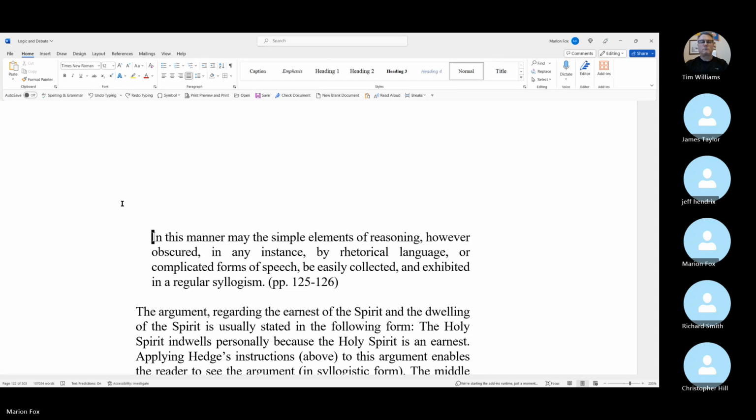So, if you were having a debate, you need to be able to recognize the arguments being made by your opponent. And if he puts up something he calls a syllogism, you need to be aware of whether it's valid or not. You need to challenge the validity of his argument if it's not valid.